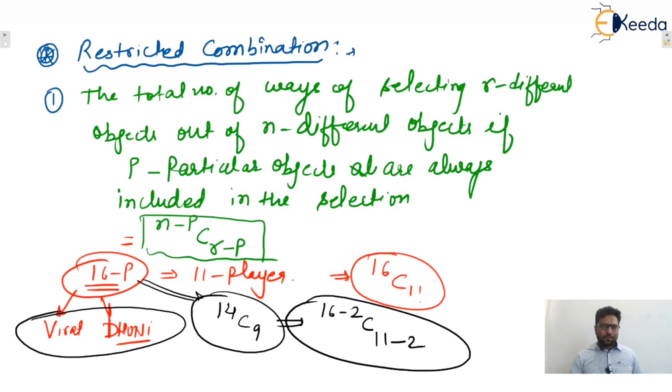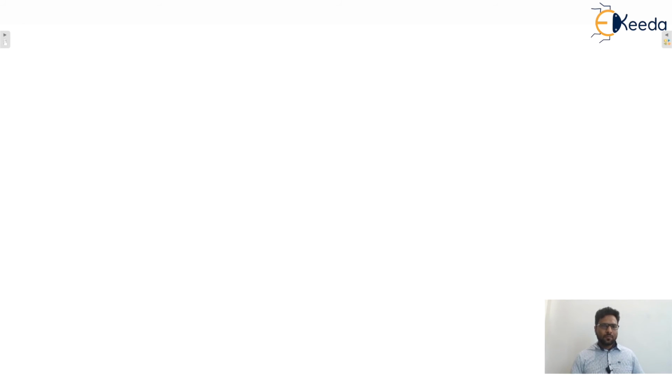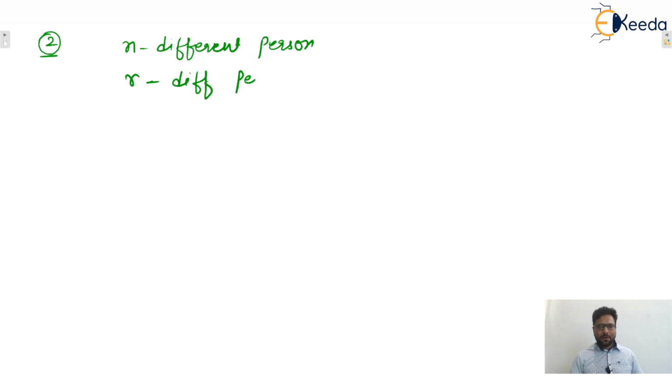Next, write down the second point in restricted combinations. The same scenario is there: total n different persons, and we need to select r different objects or persons.